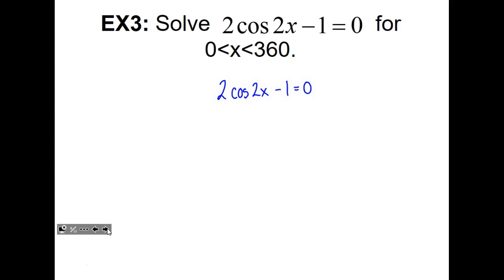Okay? So what I would do is solve this like you would solve a normal equation. So I would add 1. So I would get 2 cosine 2x equals 1. And I would divide by 2. So cosine of 2x equals 1/2.